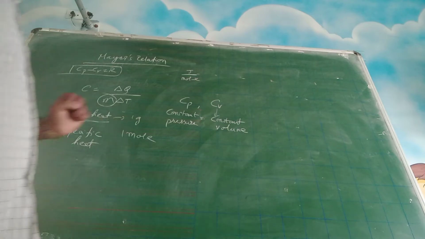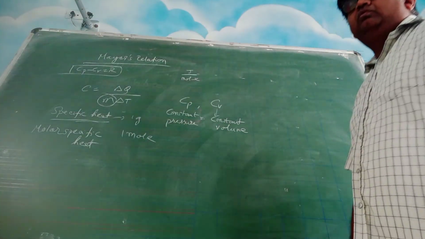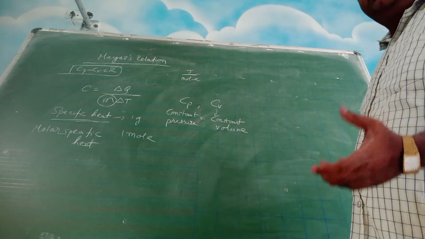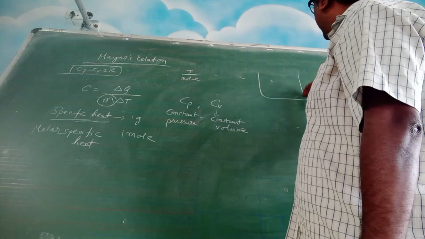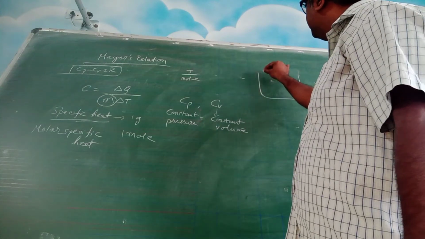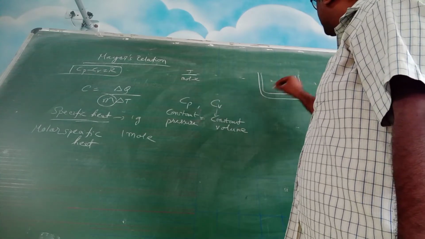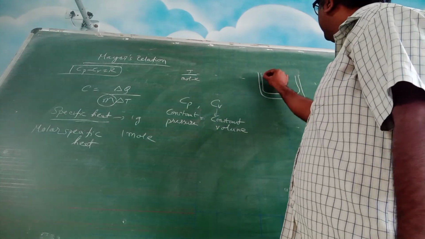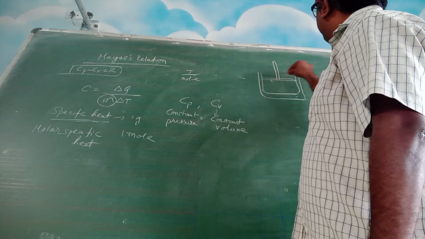Now let us think, you might have seen, you use a cooker to cook food. So how is the system there? I will use a similar type of system. This is called a piston arrangement.